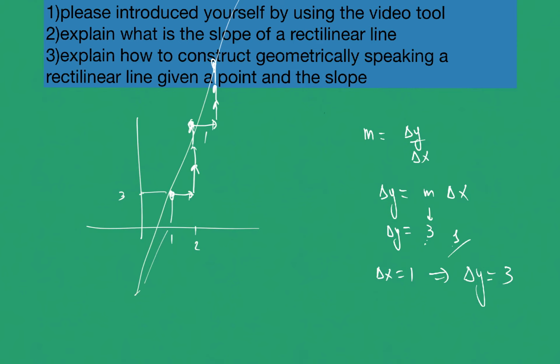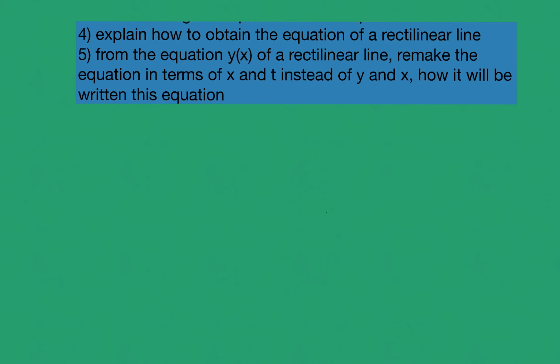Now that we have said how the rectilinear line is being constructed, can we find the equation of the rectilinear line? So the equation is m equal delta y divided by delta x. So delta y is m by delta x. So delta y is y final minus y initial.